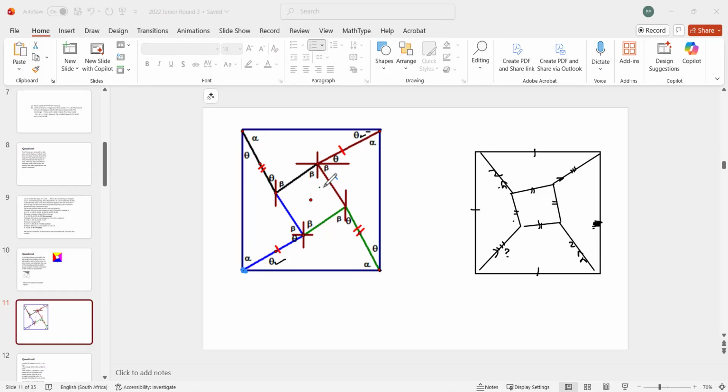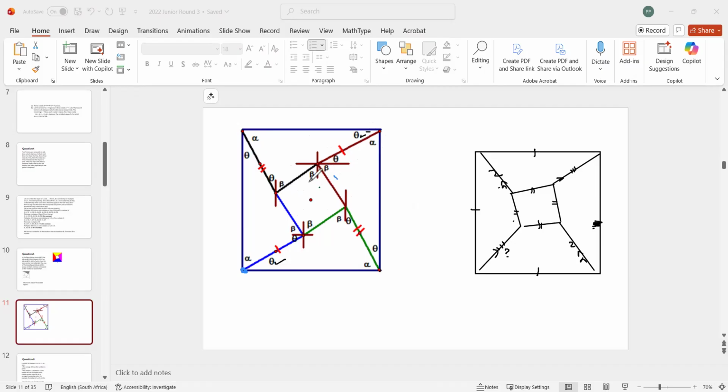Now there's another important thing here. You see this, I've drawn the vertical and horizontal at each of these four vertices. The reason being that this entire thing has been rotated. And this is a little bit difficult to follow.